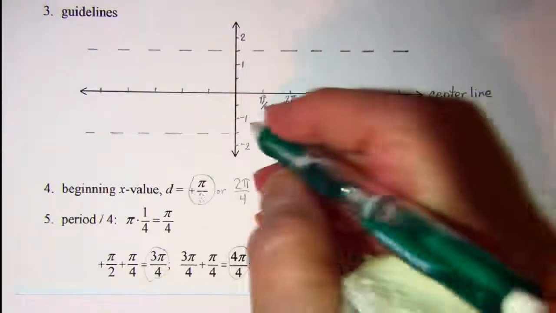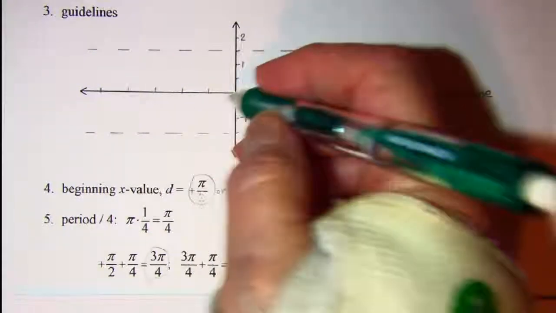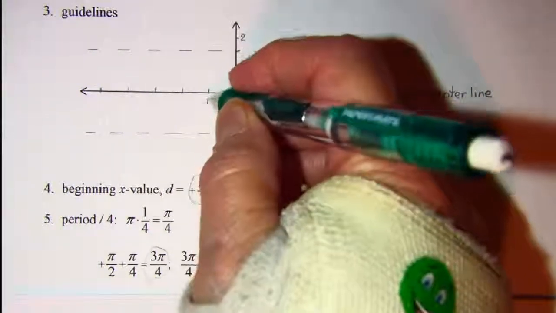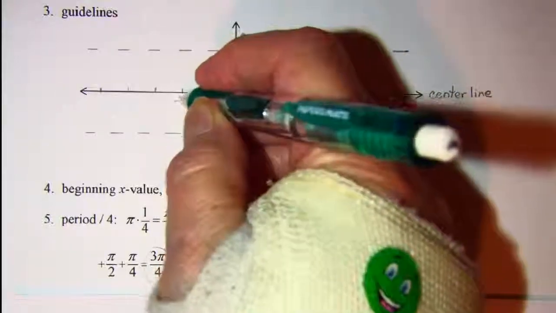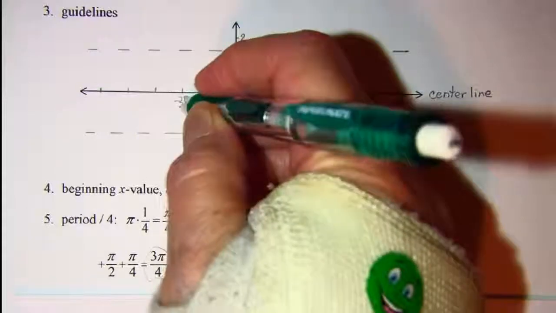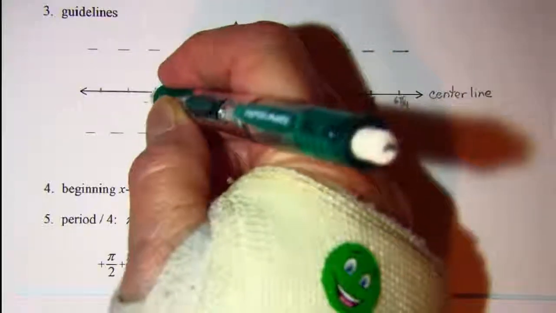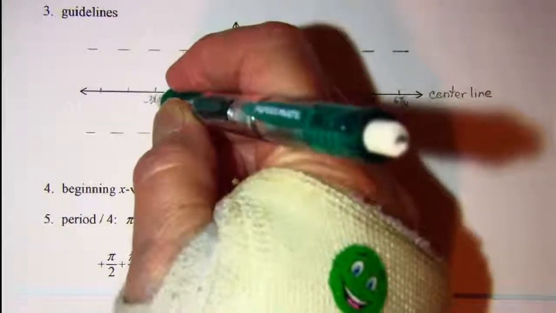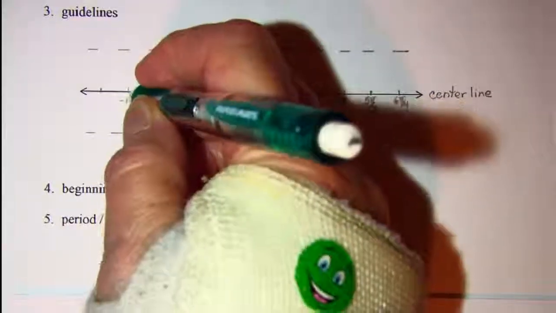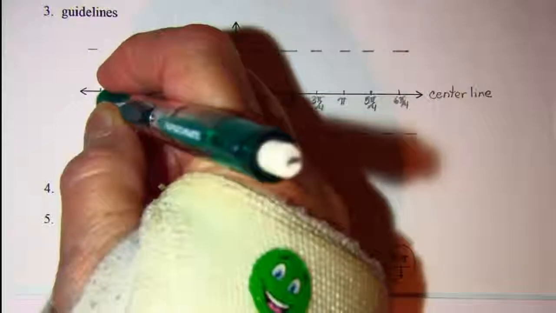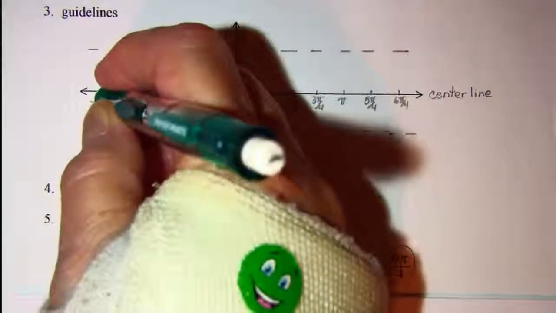And go ahead and label to the left of the y-axis as well. So negative pi over 4, negative 2 pi over 4, negative 3 pi over 4, negative 4 pi over 4, which is just negative pi, and negative 5 pi over 4.